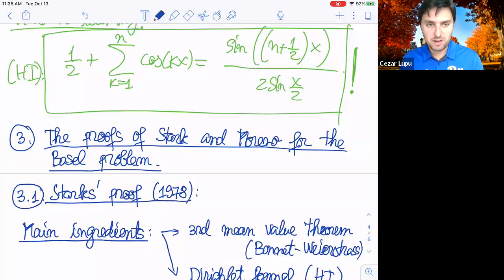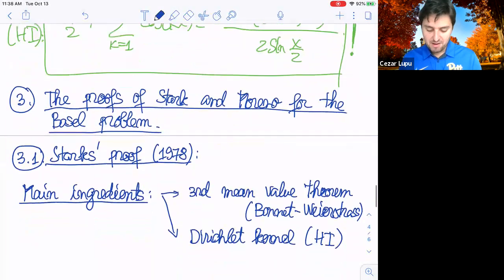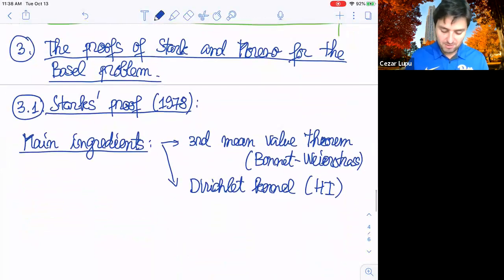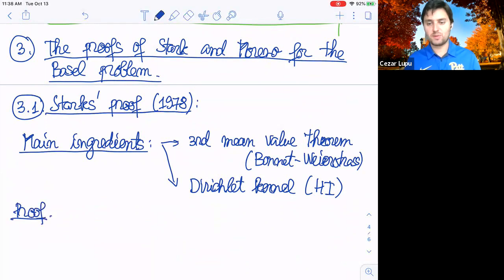These are the main ingredients for the proof. Now let's say a few words about the actual proof. The proof will be quite short.